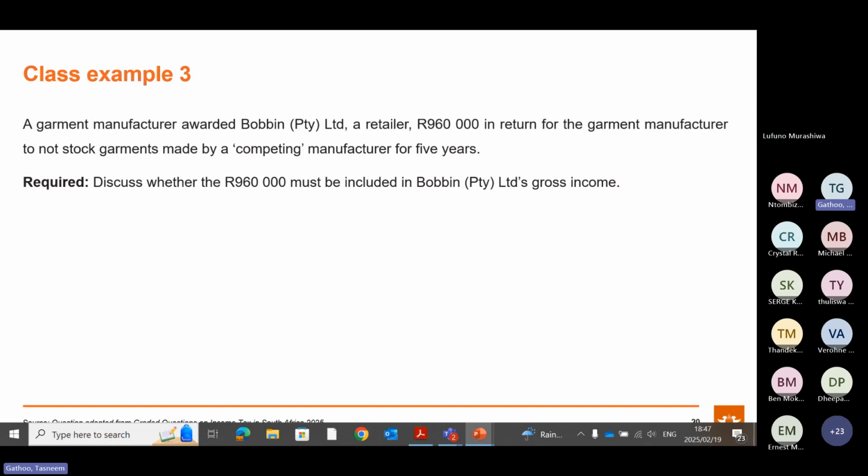So correct, it relates to restraint of trade amounts. In this case, we now need to know what the section said, and this specific section was specific about to whom it applies, that it would be included in gross income for certain persons and not all persons.